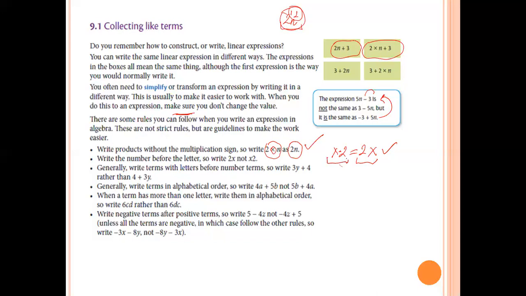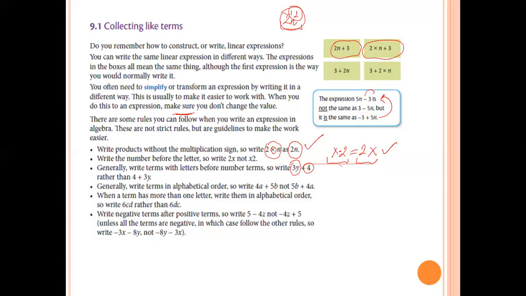The third rule is generally write terms with letters before number terms. For example, write 3y plus 4 rather than 4 plus 3y. Our constant number is not changing, it's always the same value, 4.